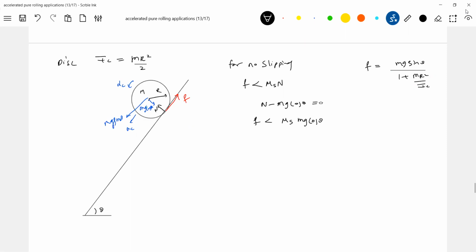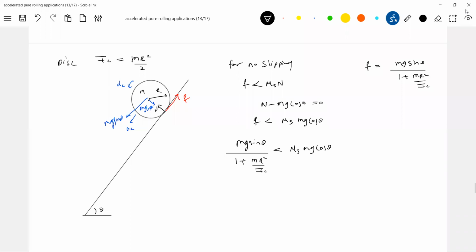Let me substitute this F here. mg sin theta times 1 plus mR square by I_c, inverse, is less than mu_s mg cos theta. mg gets eliminated.